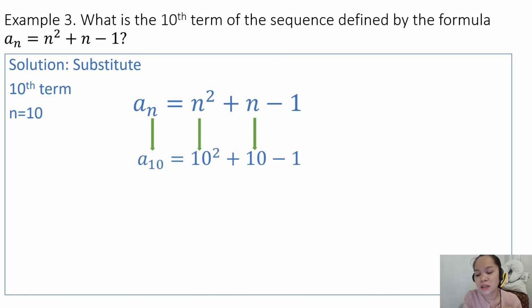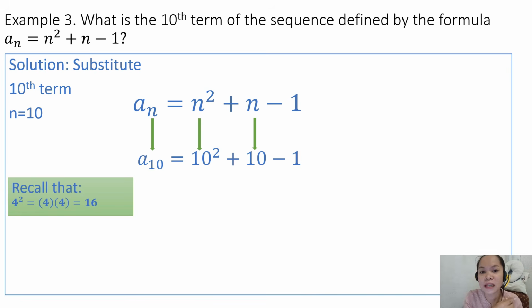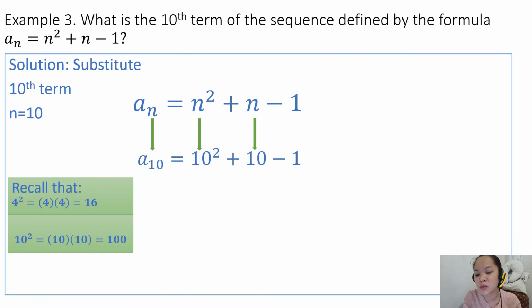So for instance, if we have 4 squared, that means that we're going to multiply 4 times 4. That will result in 16. And if we have 10 squared, that means we're going to have 10 times 10, which is 100.